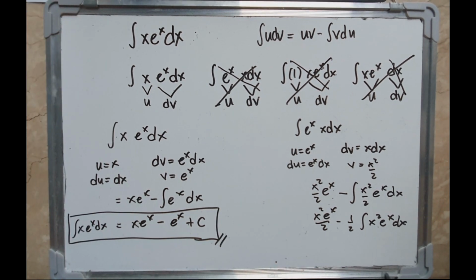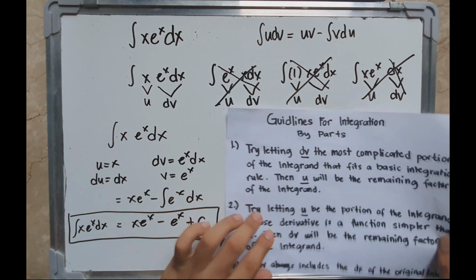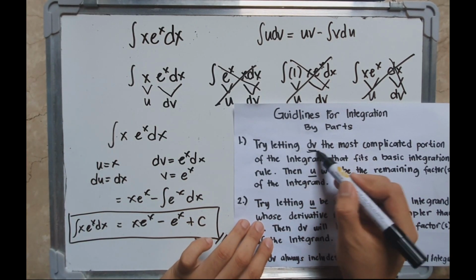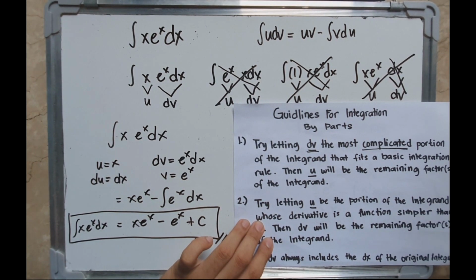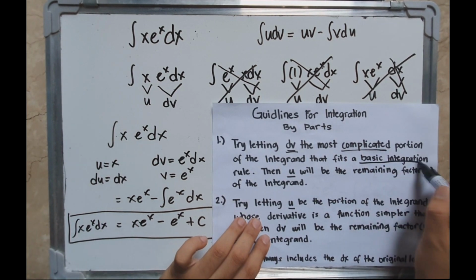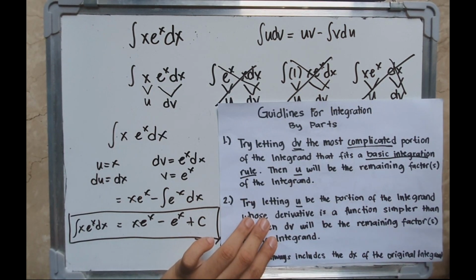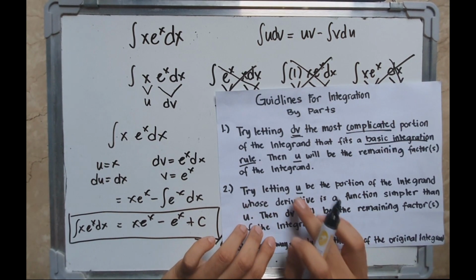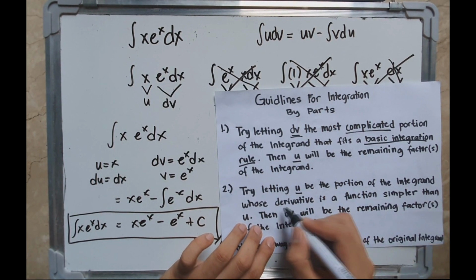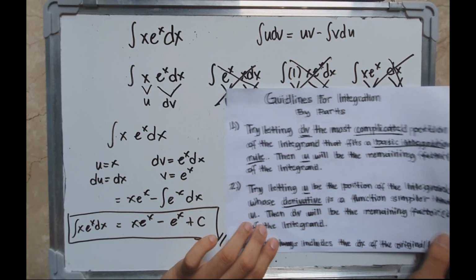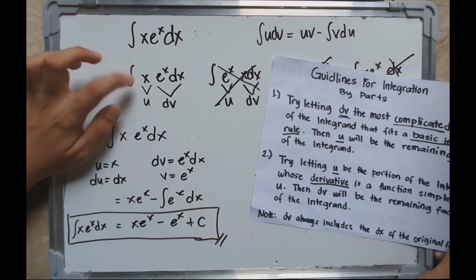Okay, so from what we've learned from the guidelines, dv should be the most complicated portion but basic in integration rule, easy to integrate. U will be the portion which is easy to derive.